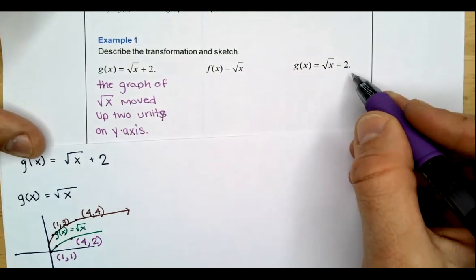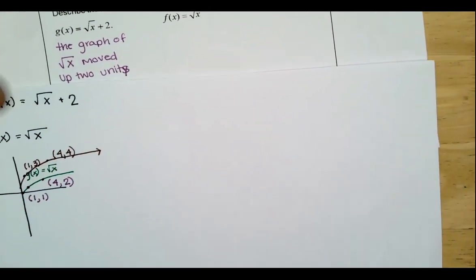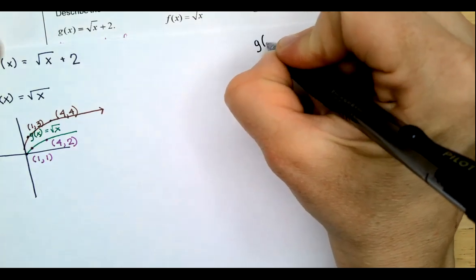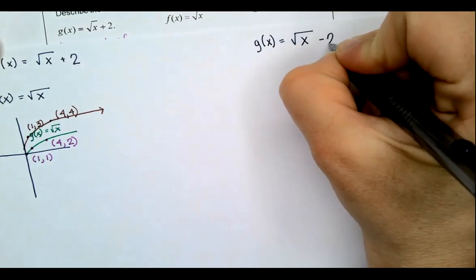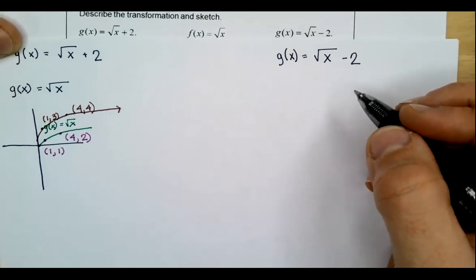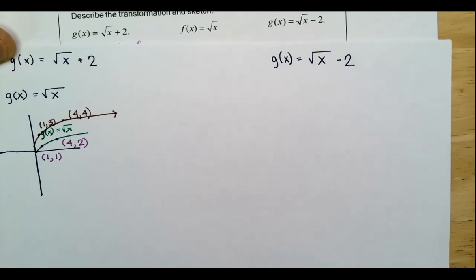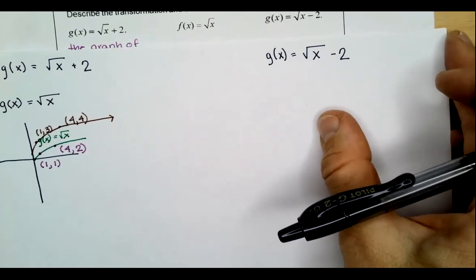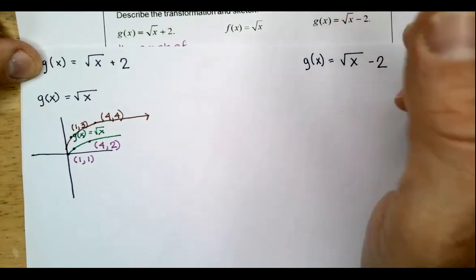All right. What if we have the square root of x minus 2? Right? Again, let's start with g of x equals the square root of x.